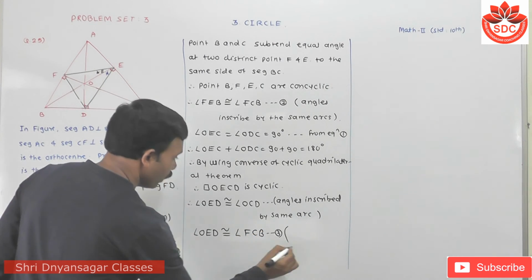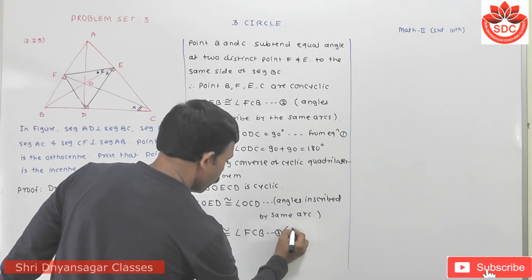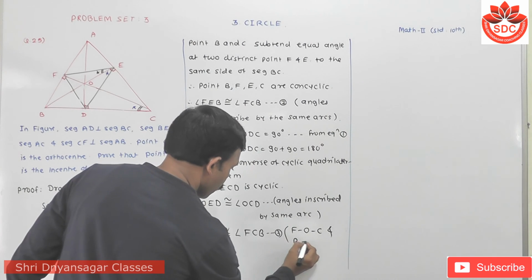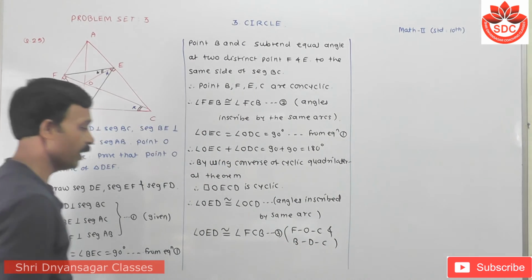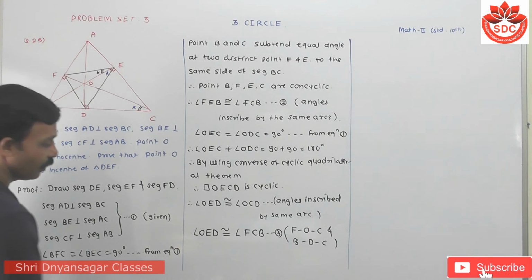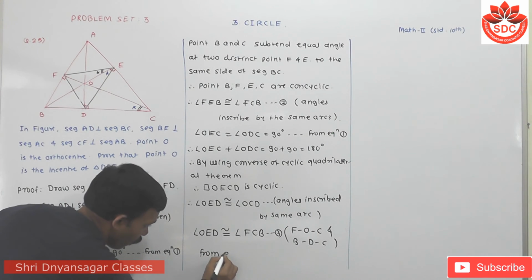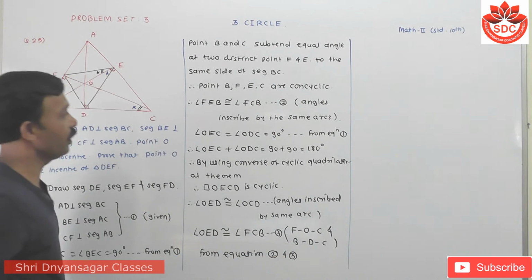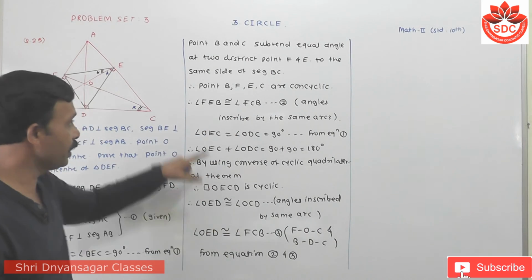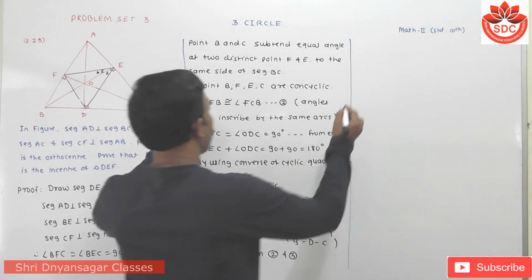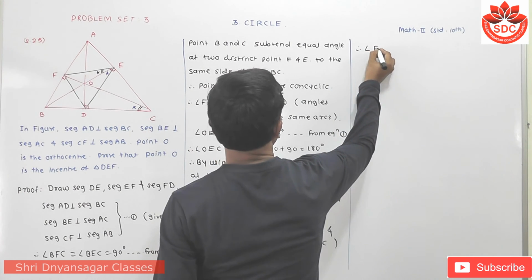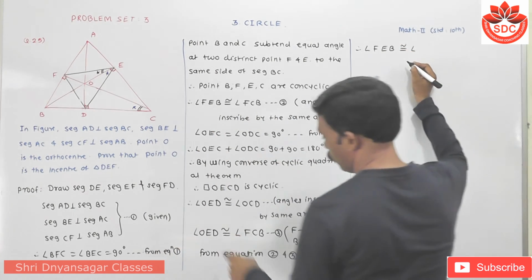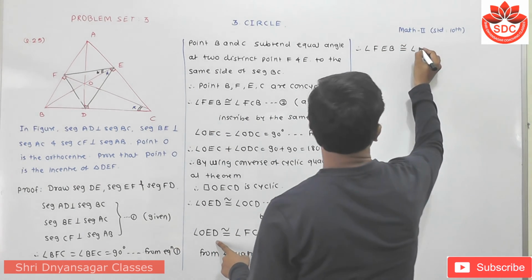Suppose this is equation third, and the reason is that F, O, C and B, D, C are collinear. Then student, from equation second and third, observe carefully second and third, FCD, it means that these two angles are also congruent. So therefore angle FEB is congruent with angle, this one is OED.